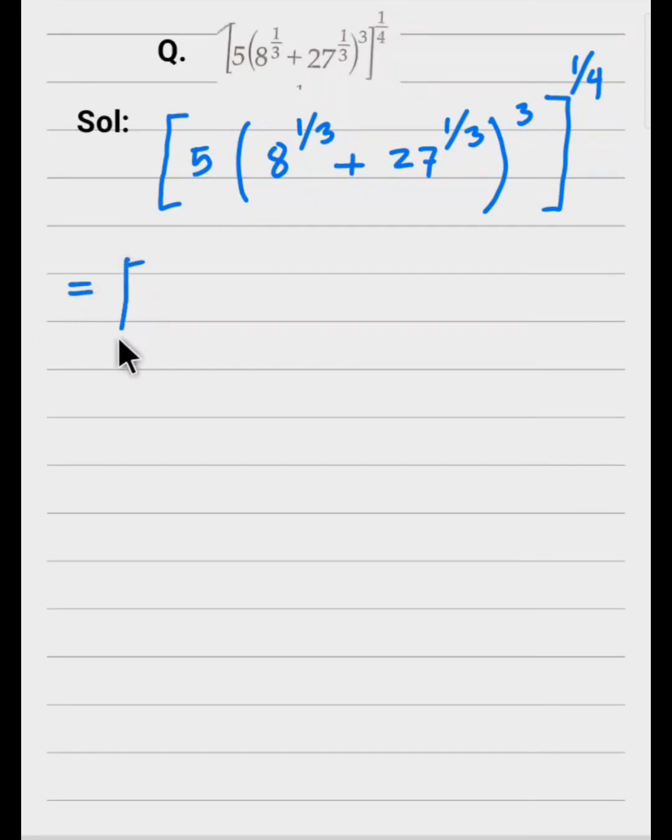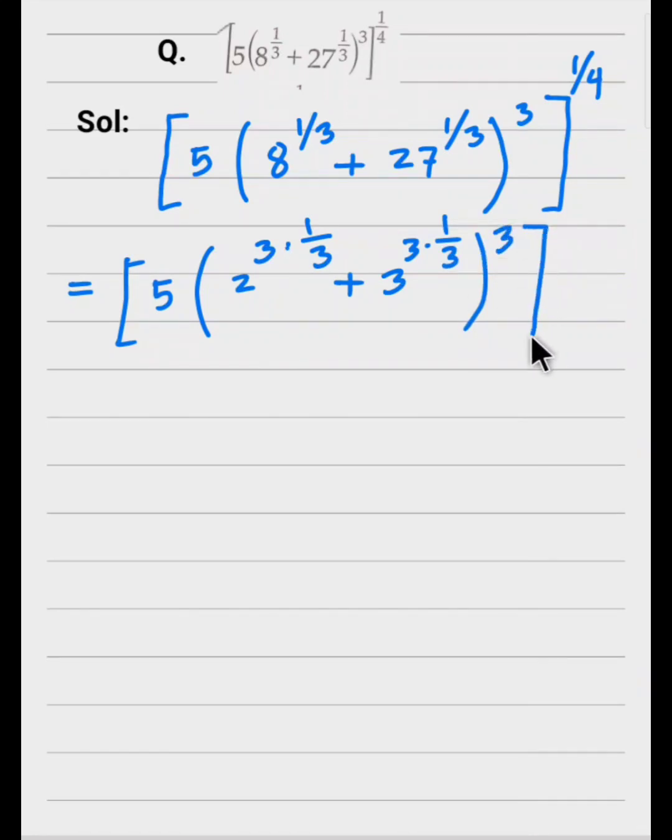I will write it this way. 8 means 2 to the power 3, that means 3 into 1 by 3, then plus, 27 means 3 to the power 3. So again that would come 1 by 3. So again 3, and then in bracket 1 by 4.